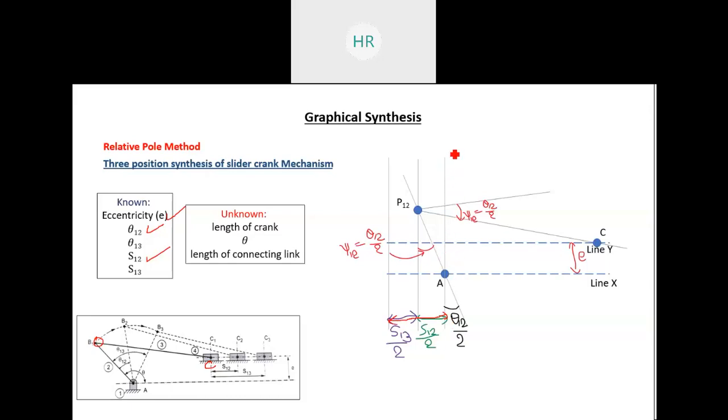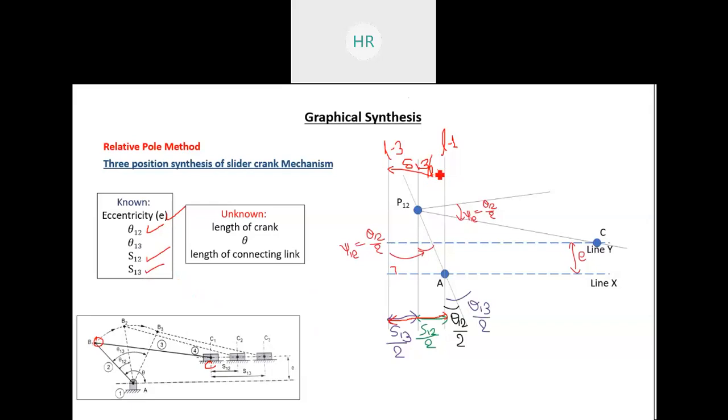From line 1, we'll draw line 3 at a distance s13 by 2. This first line is where we draw from. And this line is also perpendicular to line x. So we have utilized this data as 1, 3.